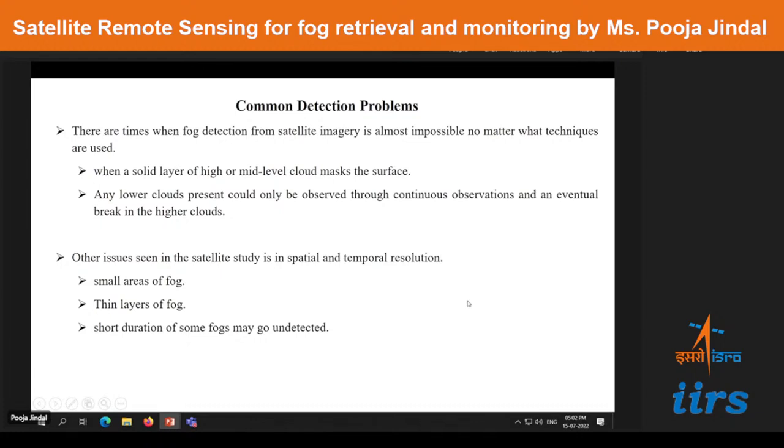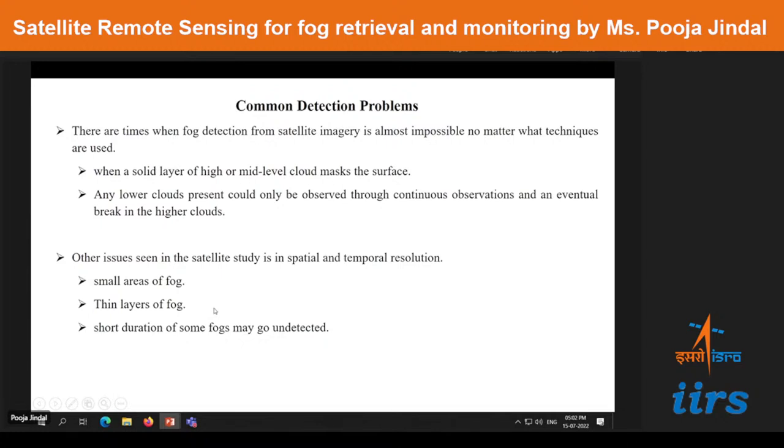Some other issues are related to the spatial and temporal resolution. The spatial resolution of INSAT-3D fog images is basically 4 km, which is not very good. It is a very coarse resolution. So if there are small areas of fog, for example 1 km or 2 km areas, they may go undetected. Also, thin layers of fog may go undetected, because in the case of a thin layer, reflectance will not be very high and emissivity will not be very low.